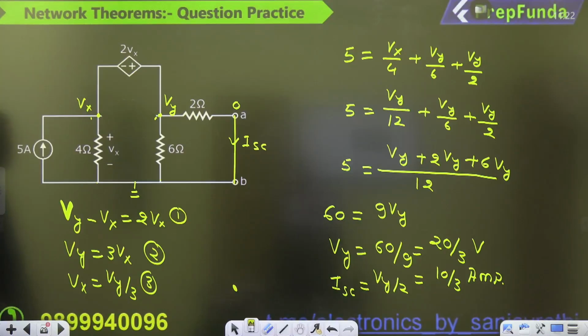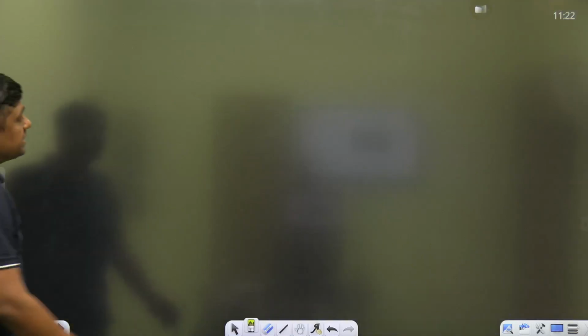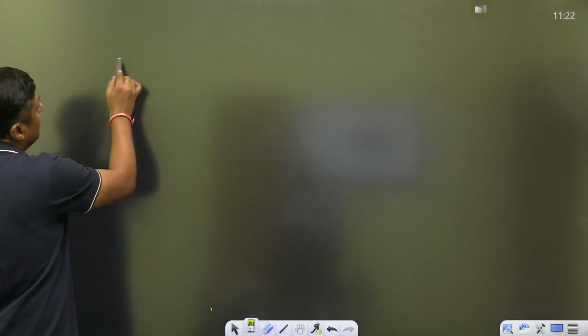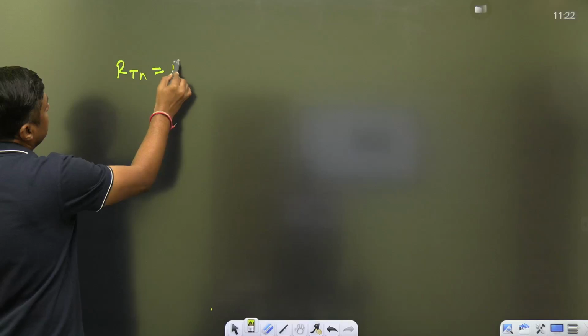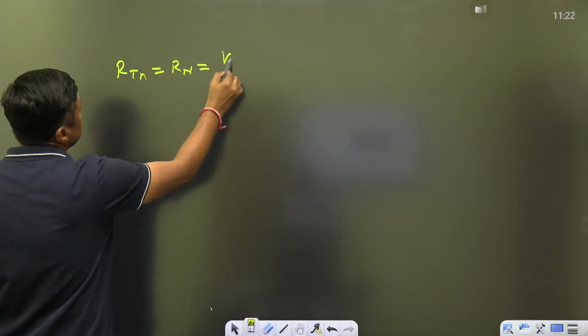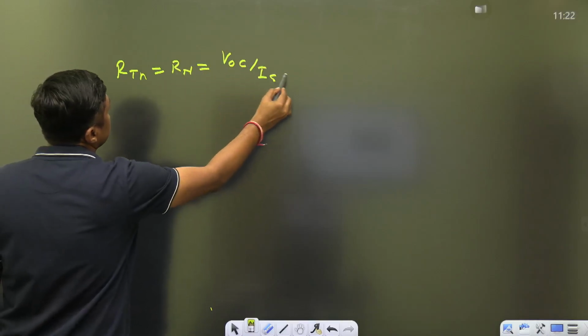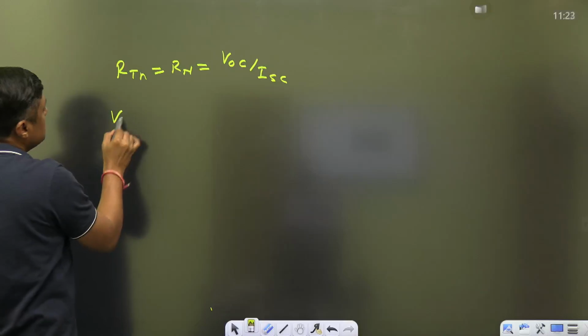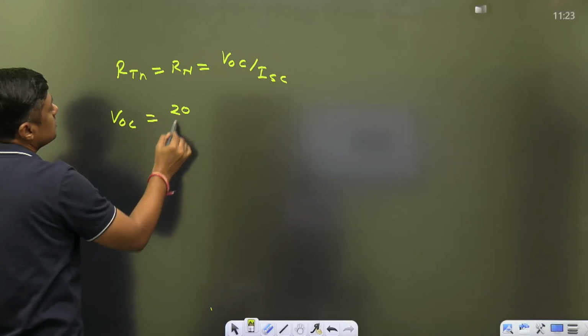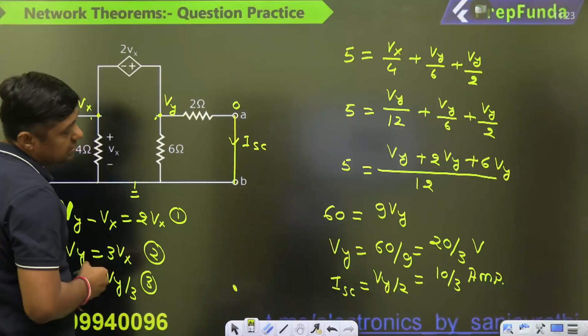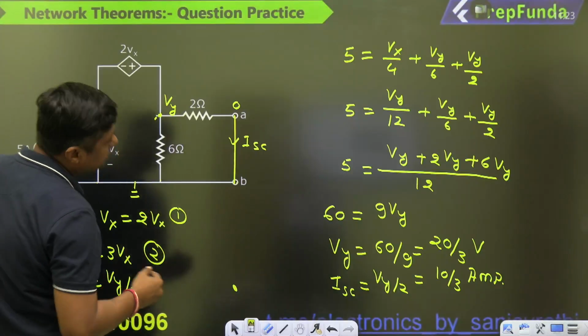If you have the ISC and the VOC, then you can find the RTH, guys. RTH or RN, Norton's resistance, are the same: VOC upon ISC. So what is the VOC? 20 volt. What is the ISC? 10 by 3.